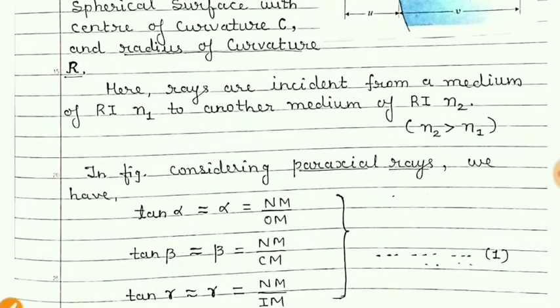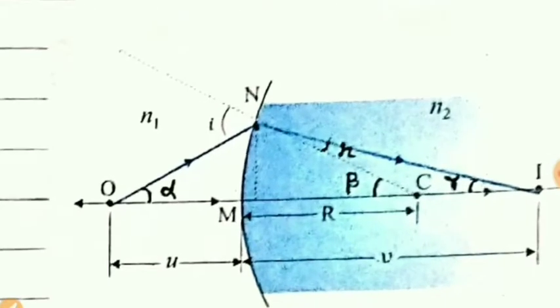Now, we consider the rays coming from the object as paraxial rays. Paraxial rays means the rays which are quite close to the principal axis. And so, here in the figure, you can see this angle made here is alpha, which will be very small.